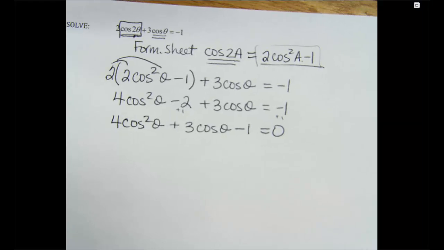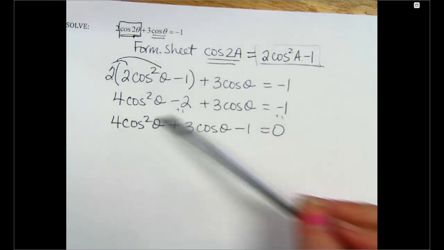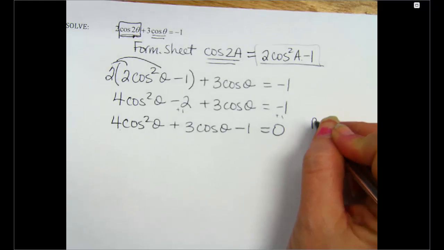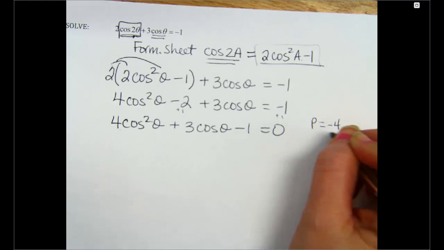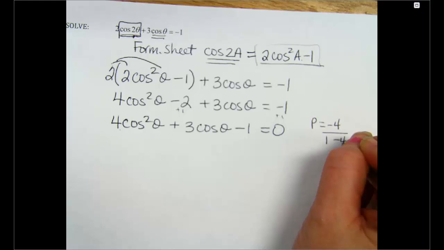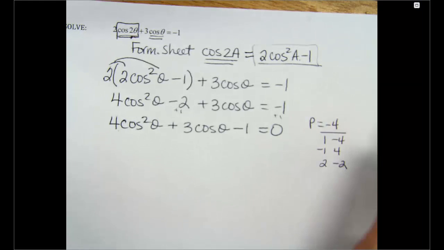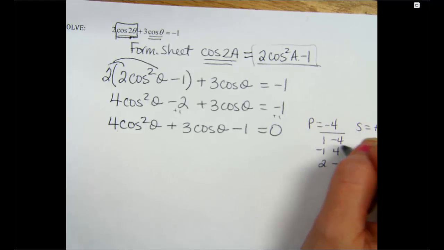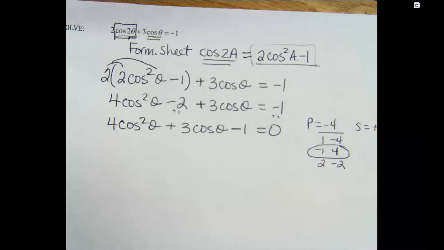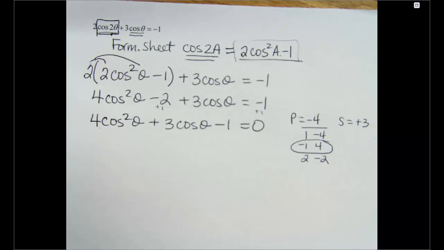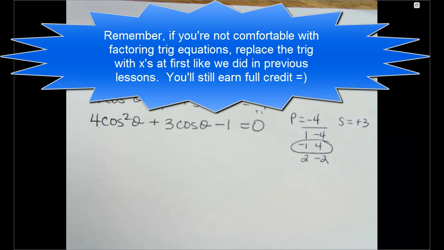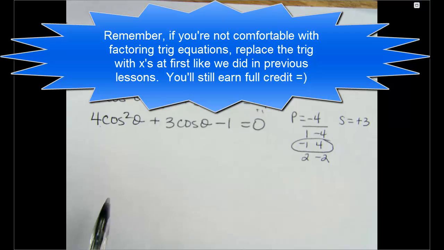Again, I always want to try to factor. In this case, I have product sum again. I would need a product of -4. So that could be 1, -4, -1, 4, or 2 and -2. The sum I need is +3. So this is factorable because -1 and +4 will add up to the +3 sum and multiply to the -4 product.